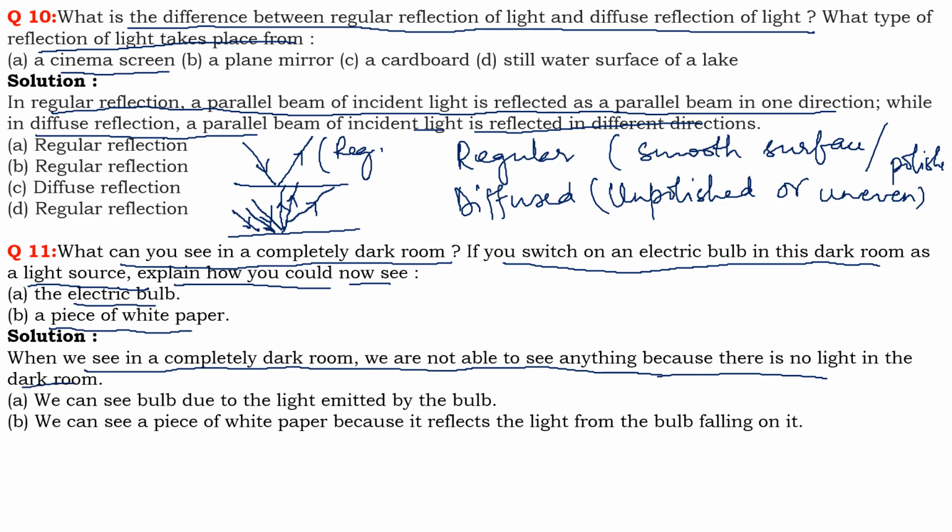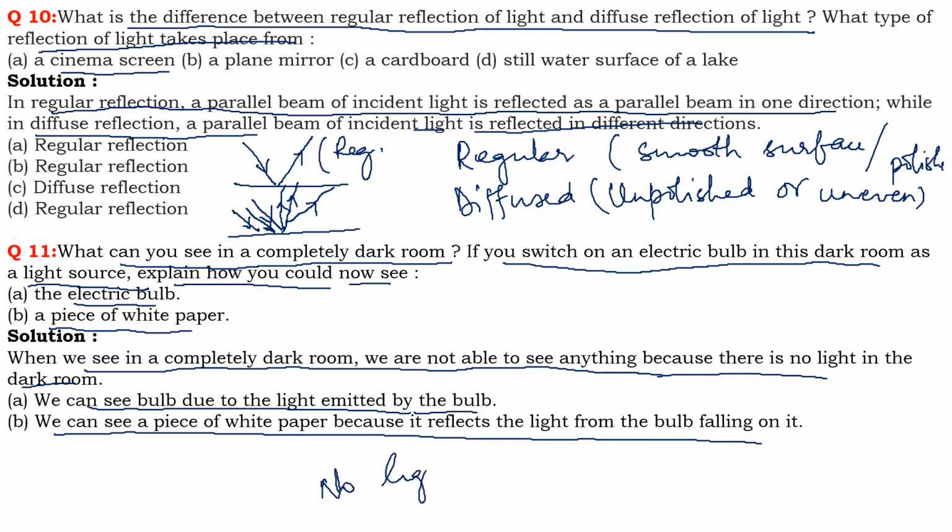We can see the bulb due to the light emitted by the bulb. Till the bulb was not lighted up, we could not see it. When it started lighting up, because of its light, we are able to see it. We can see a piece of white paper because it reflects the light from the bulb falling on it. That's why we say no light, no see. Once light is there, you can see everything.